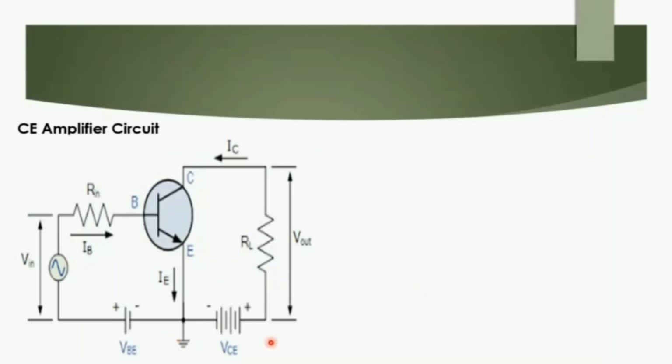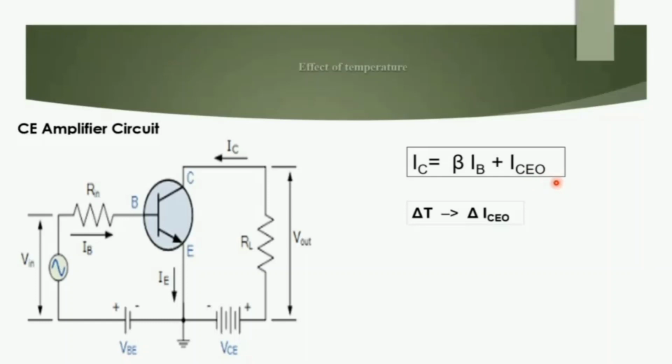To start with, let's first look at the output current equation. Here, ICO is the reverse saturation current, which is dependent on temperature. With the change in temperature, ICO will change. Now, this IB is the base current, which is dependent on base emitter voltage VBE. But this VBE is dependent on temperature.